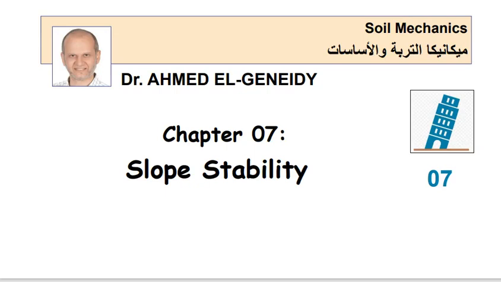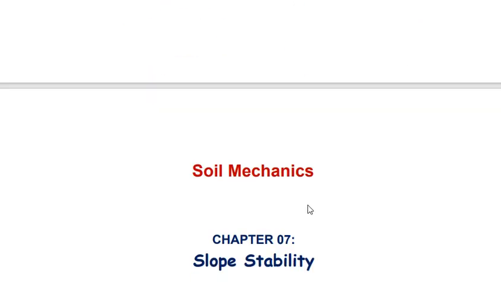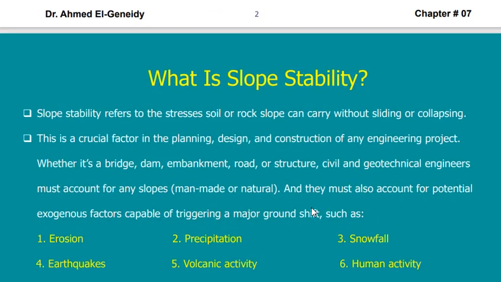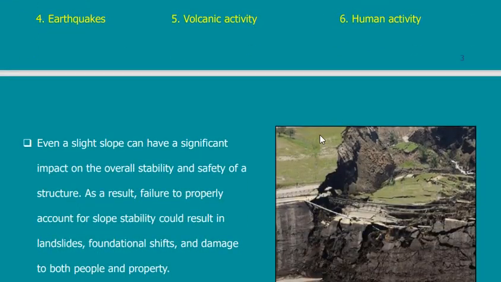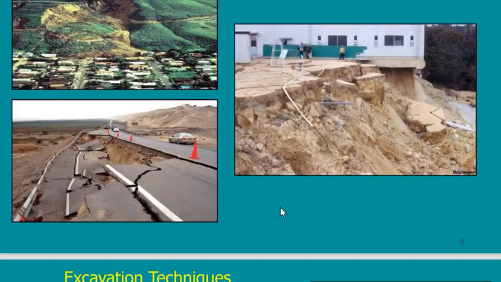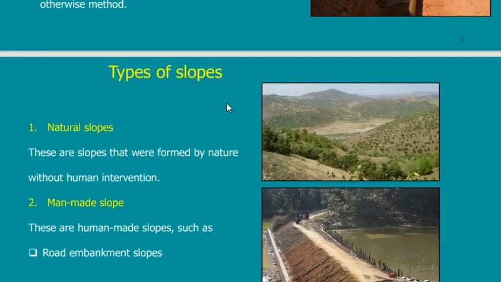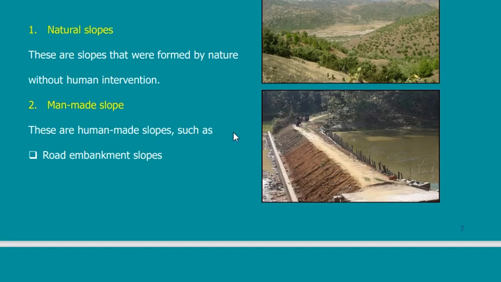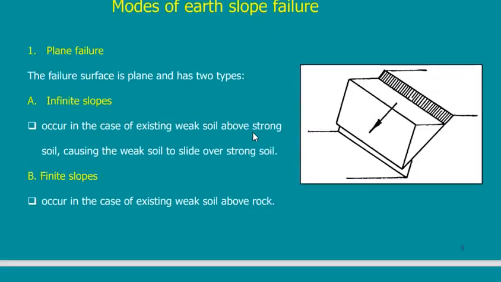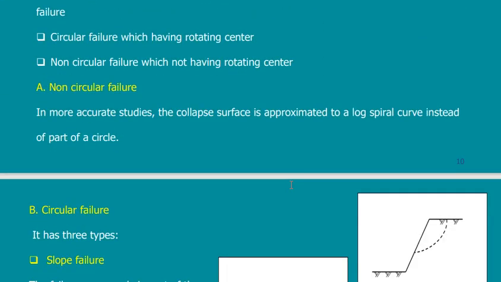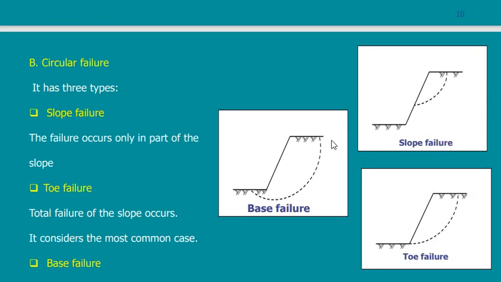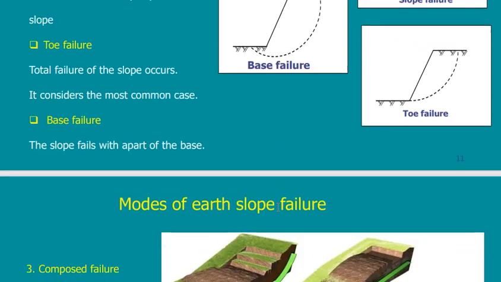Today's lecture is a continuation of Chapter 7, Slope Stability. We took before a very quick introduction about the different types of slope, whether natural or man-made, the shape of the slope, and the shape of the failure surface of this slope.